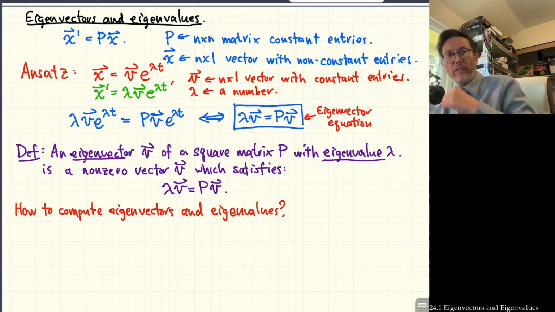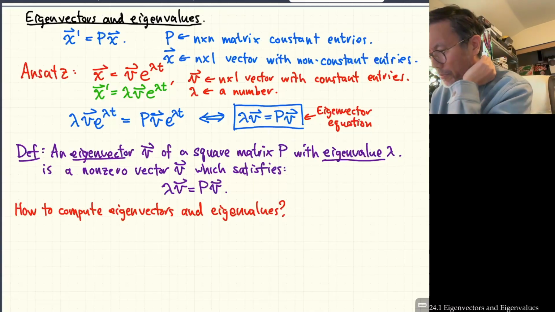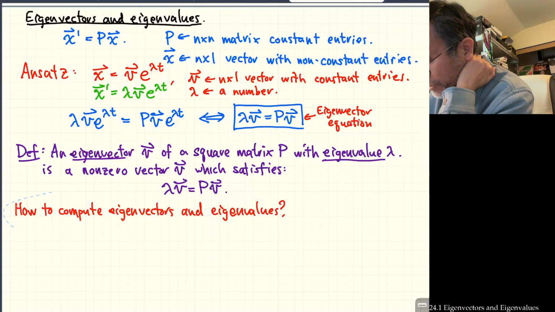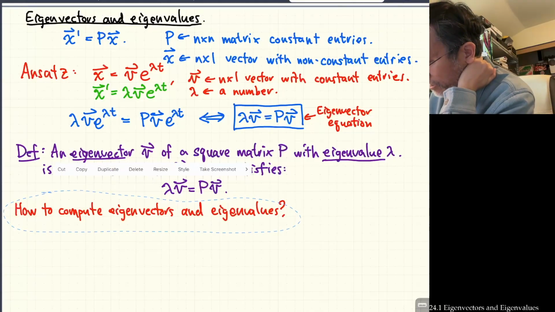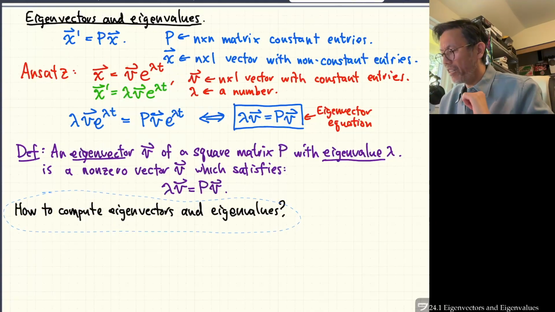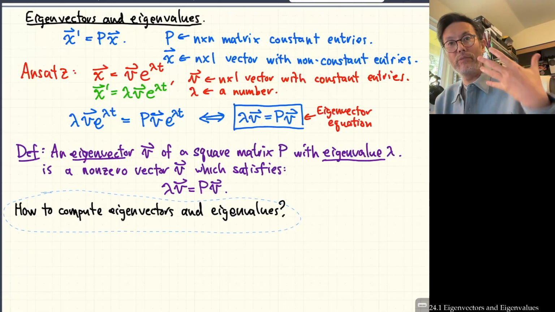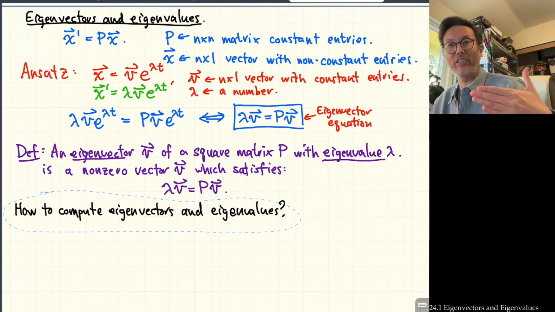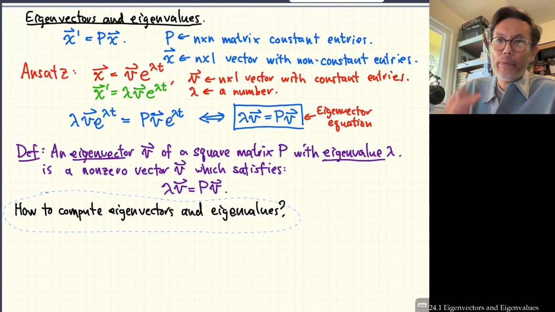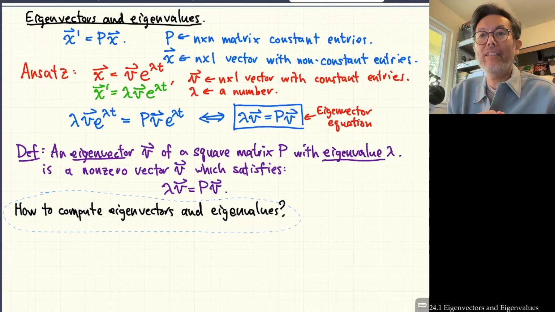To answer this question, I'm going to need to do some linear algebra. And in order to do this in concise form, I'm going to have to shove some facts down your throat.